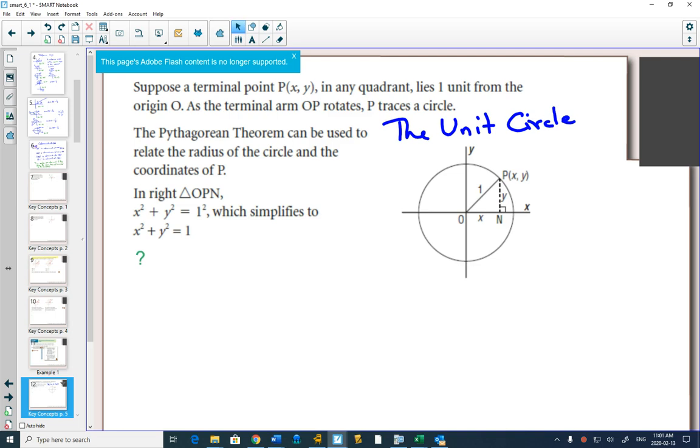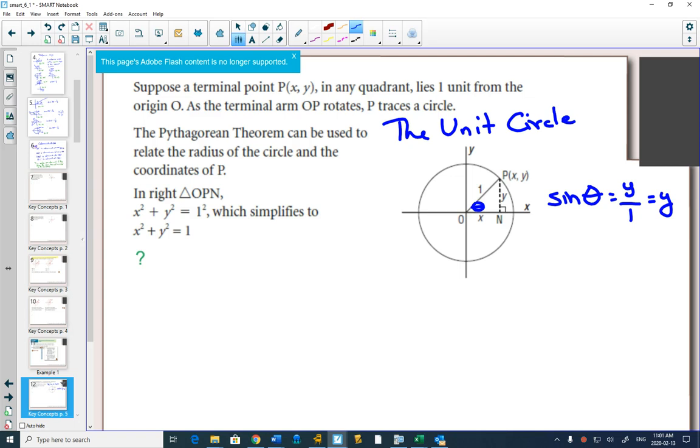Okay? Now, with right angle triangles, you've known SOHCAHTOA for a long time. So if I call this angle here theta, then I could say sine of theta is the opposite over the hypotenuse. The opposite length is y. The hypotenuse is 1. This simplifies to just y.